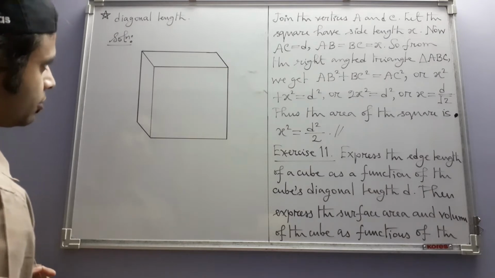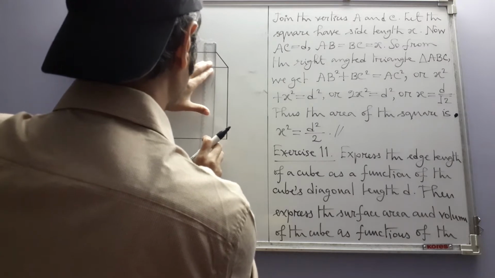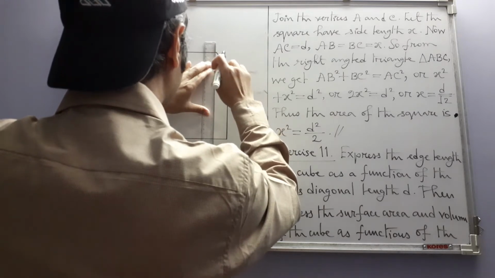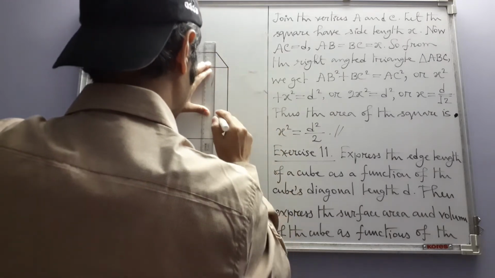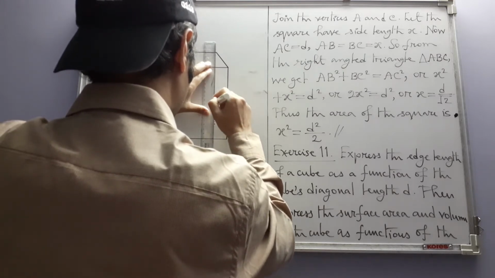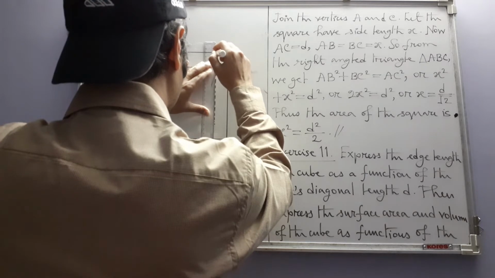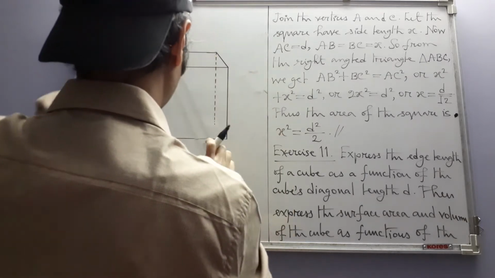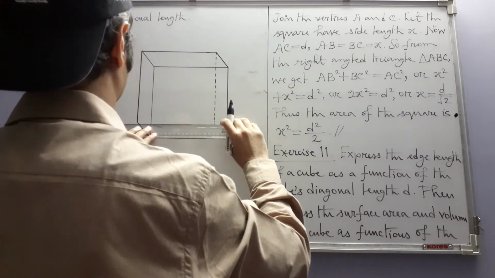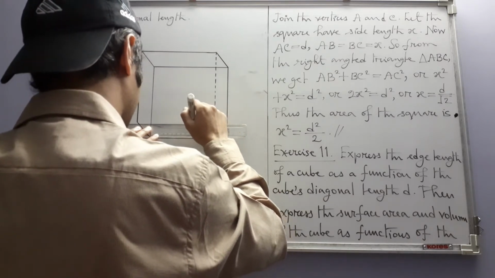The rest actually cannot be seen from this side, but we will have to draw, so we will use dashed line. I have made some sort of mistake, but you can understand what we are doing here.